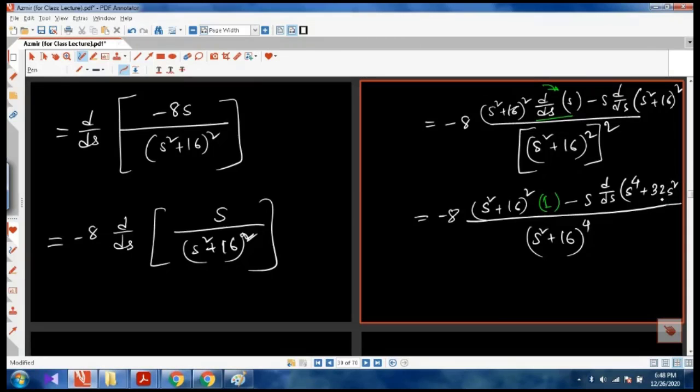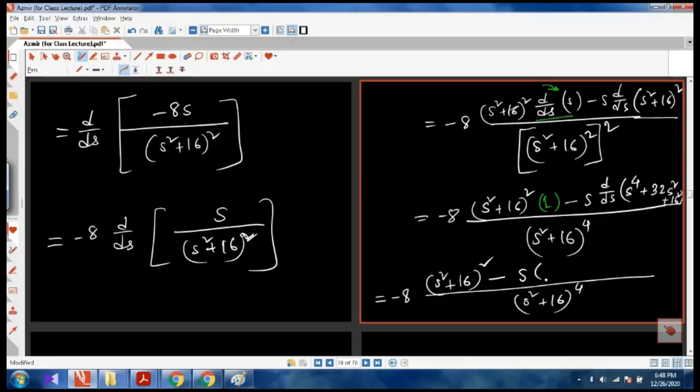2ab plus b squared. Yes, differentiation of s to the power 4, what will be the result? 4s cube. 4s cube, 32 s squared, that means 64s. And differentiation of 16 squared, since it is constant, it is 0.